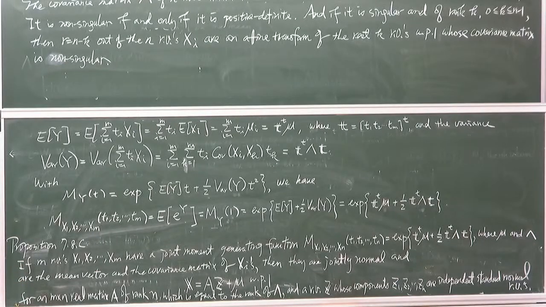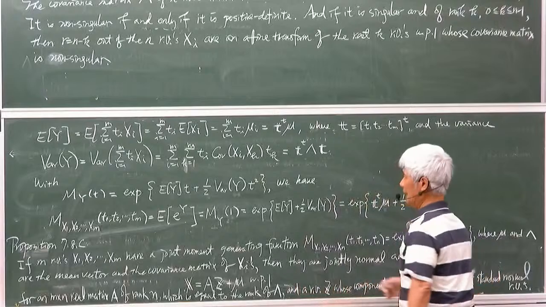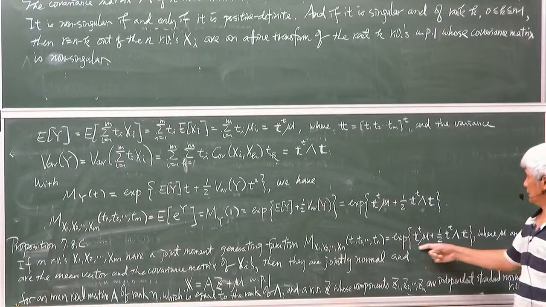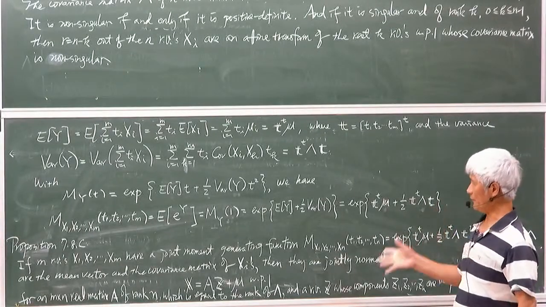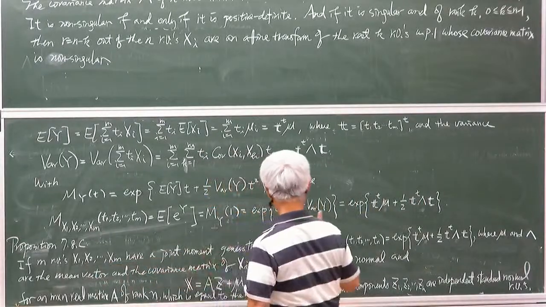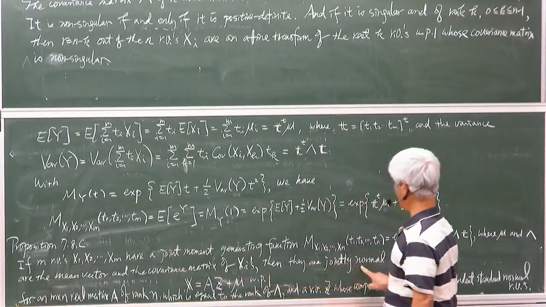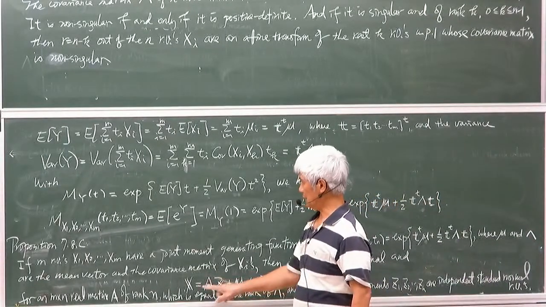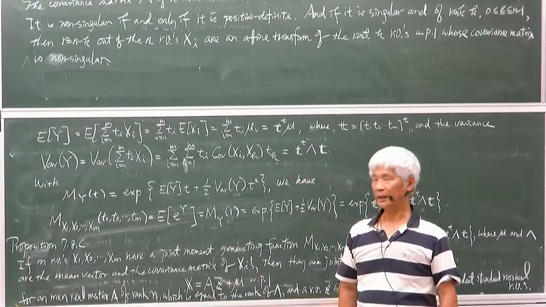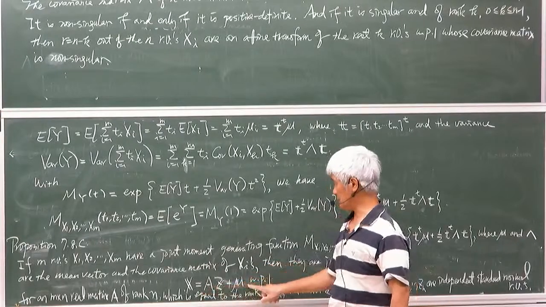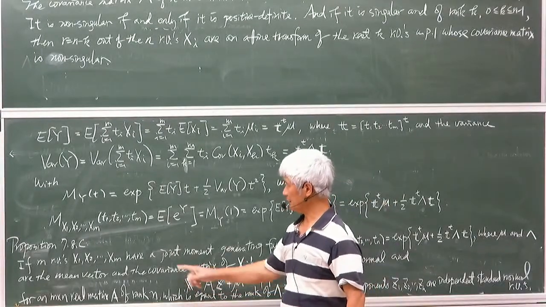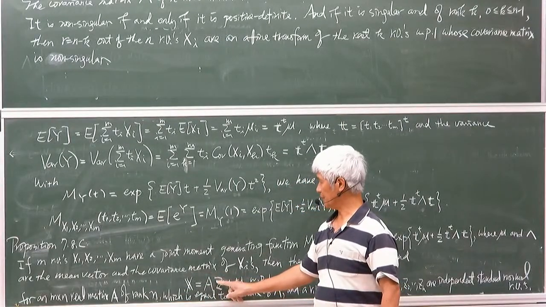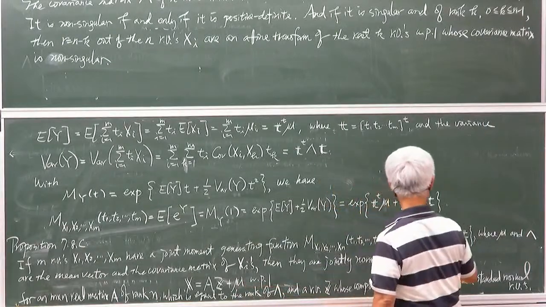Okay, so this gives us the converse. If we know that n random variables have a joint moment generating function that takes this form, where mu is the mean vector and lambda is the covariance matrix of these random variables, then these random variables are jointly normal, which means that we can find a matrix A and establish such a system of linear equations with probability 1, so that the random vector x equals matrix A times random vector z plus the mean vector mu.